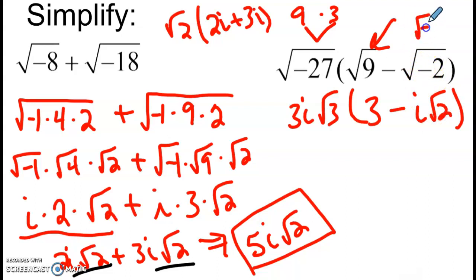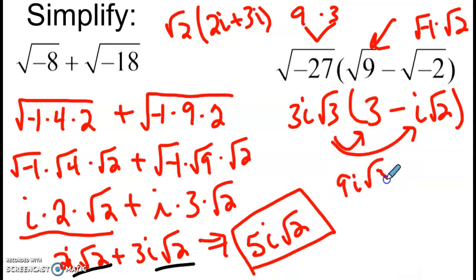Okay, that's square root of negative 1 times square root of 2. Square root of negative 1 is i. Now I'll FOIL this, and I get 9i square roots of 3 minus 3i squared square roots of 2. Right? When I take 3i times i square roots of 2, I get 3i squared square roots of 2. 9i square roots of 3, pretty much done with that.